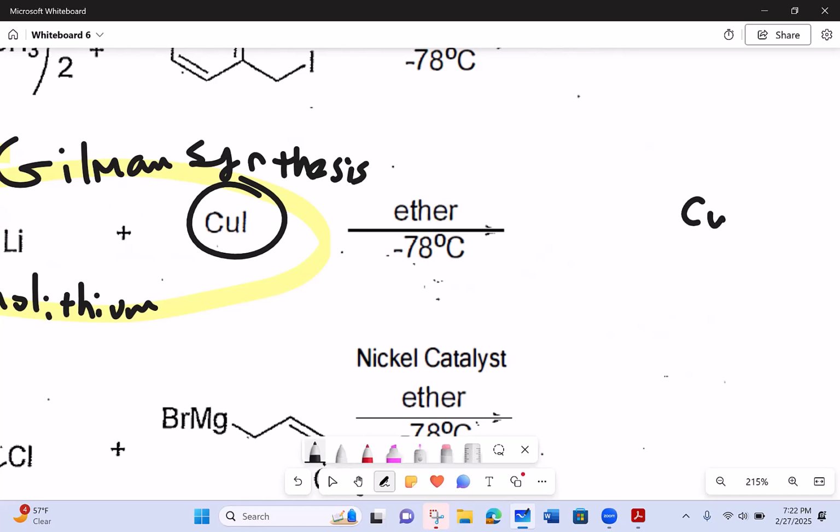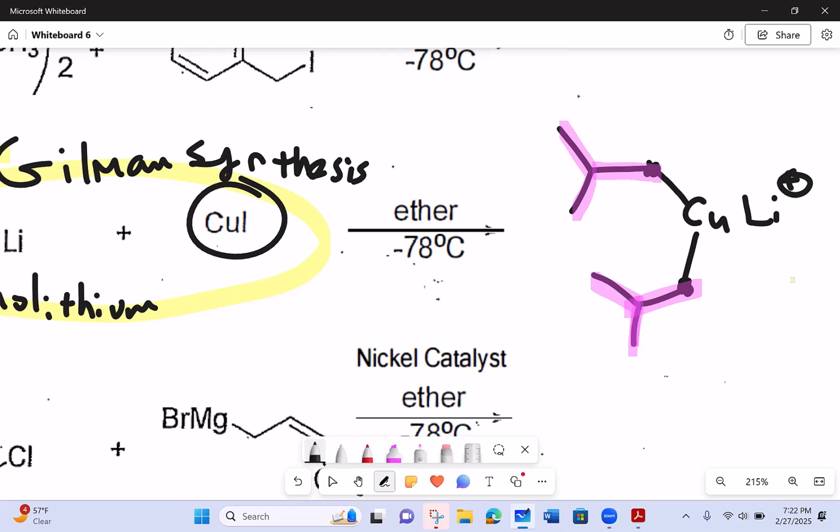I'll write my copper, and that's the same group. And then over here, same thing. Plus the lithium is here with copper, because that's actually positive, and that copper is actually negative.